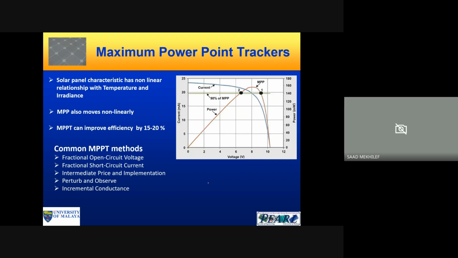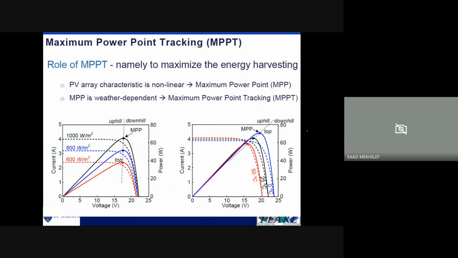These are the two factors. If you look into this slide, this is the power curve produced from a PV panel. You can see the irradiance changes from 800 to 1000 watt per meter square, and at different irradiance we have a different power curve.